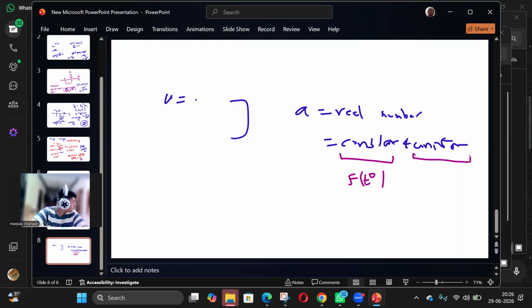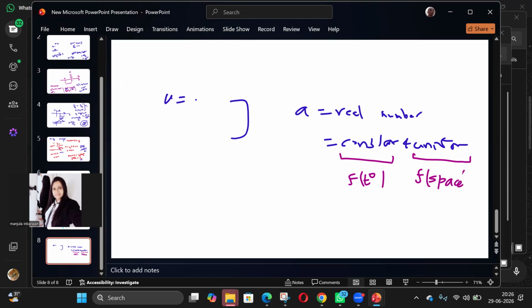What does uniform mean? Uniform means it will not change with space.